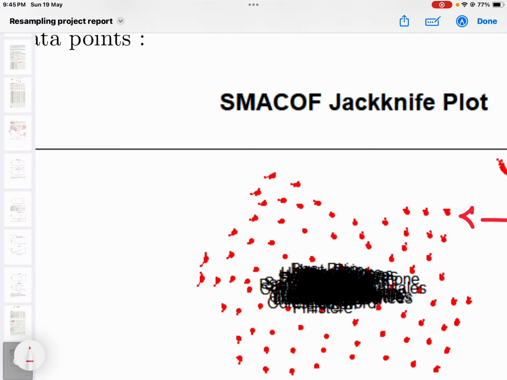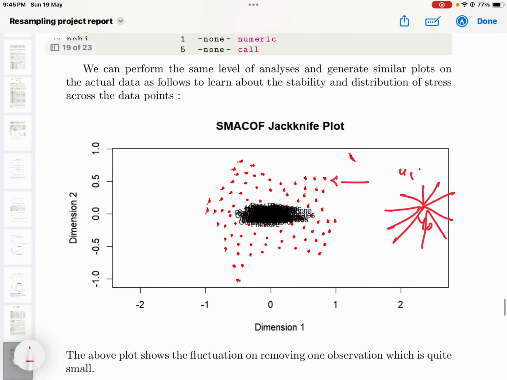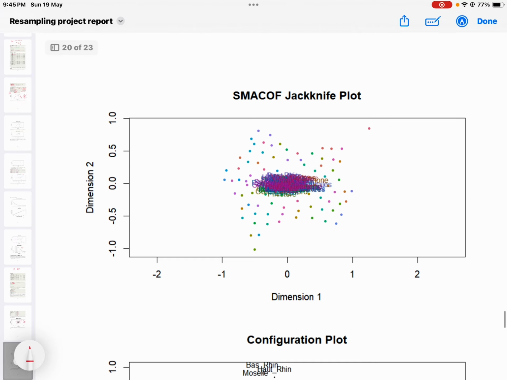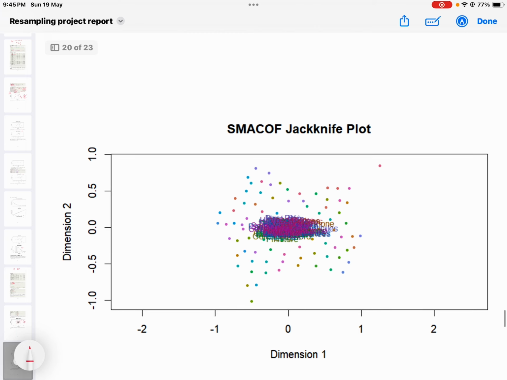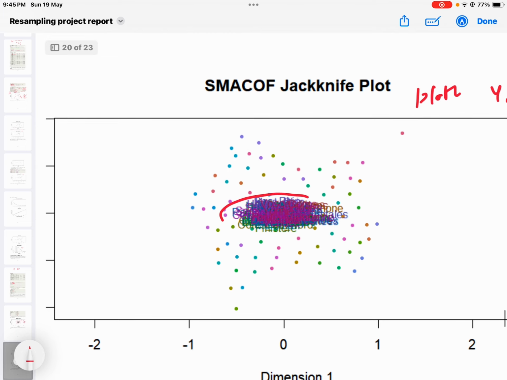If we zoom in, we can actually see that. This is the plotting of y naught, and we cannot actually see the names because there are 86 names here. The names of the departmental stores are written down here.